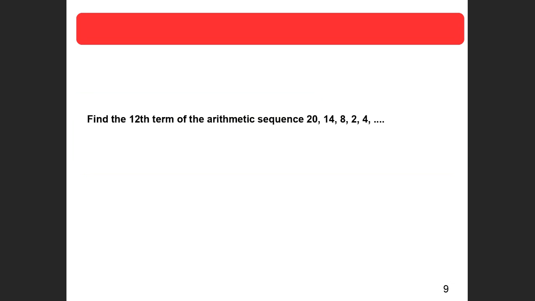Well, I don't want to write out all 12 terms, so I'm just going to write a rule. So 20 to 14, 14 to 8, 8 to 2, 2 to 4. That does not even look arithmetic, does it? 20 to 14, that's 6. 14 to 8, oh yeah, maybe, no, because 2 to 4 is definitely not 6.